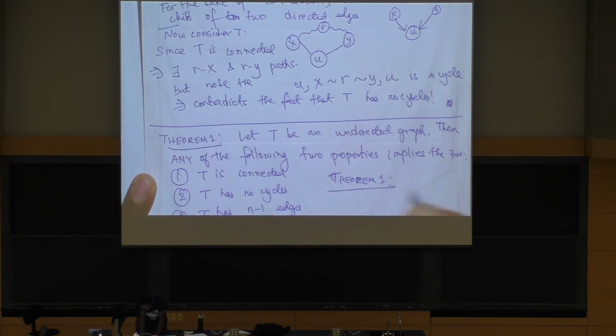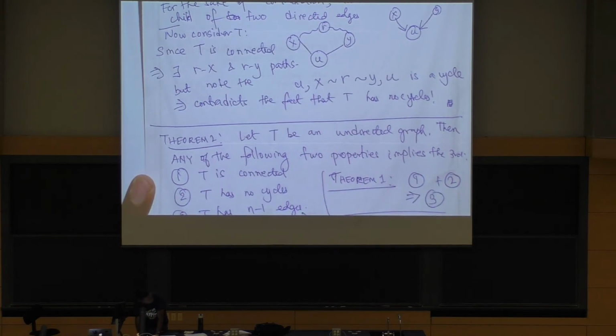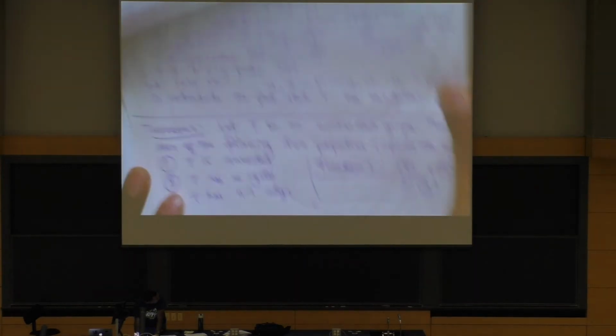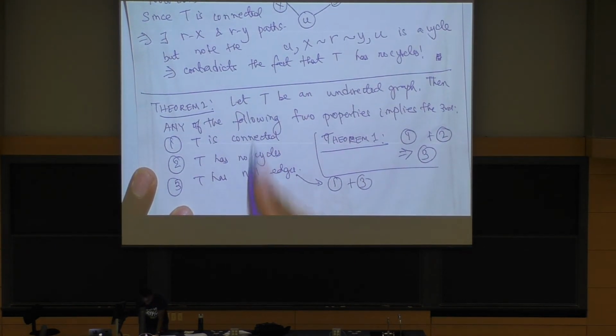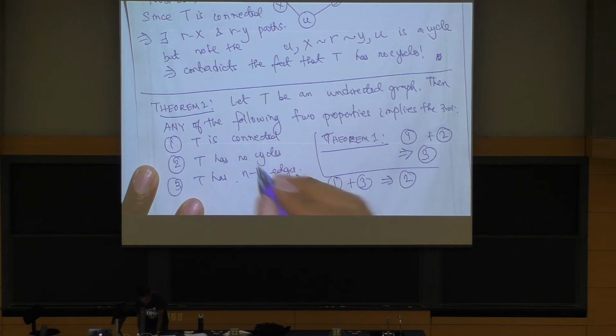So note that the first theorem is saying that if you have 1 plus 2, which along with the fact that it's an undirected graph implies it's a tree, that implies 3. But here what it's also saying is if you pick 1 and 3, that is T is connected and it has exactly n-1 edges, then it necessarily implies that it has no cycles.